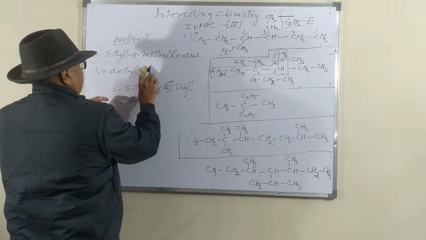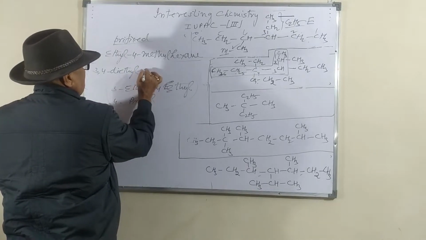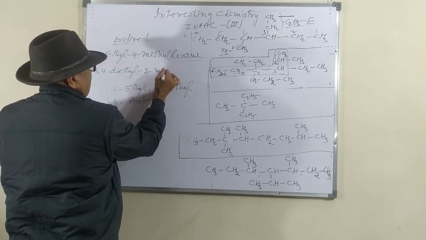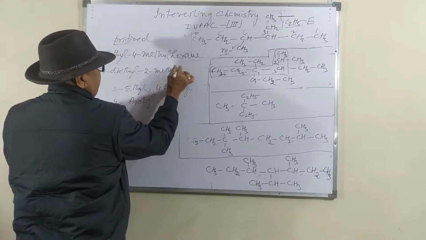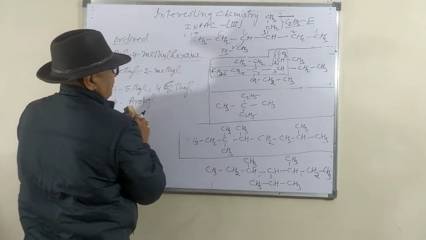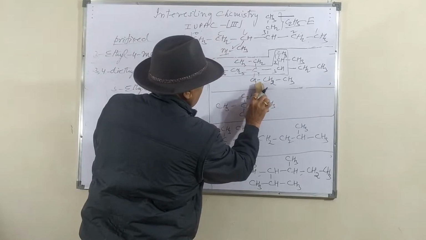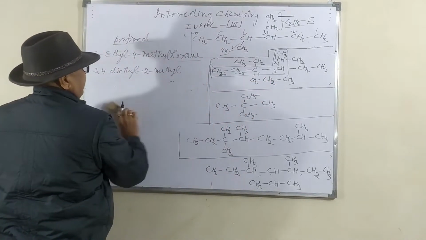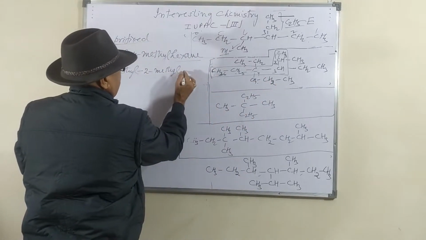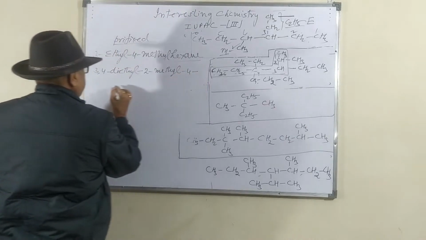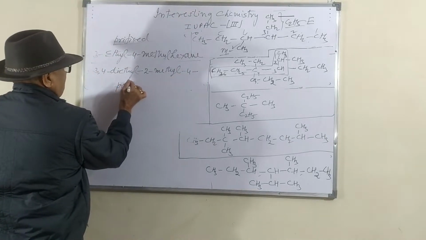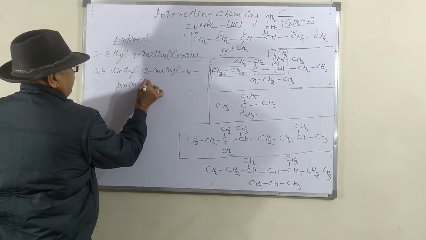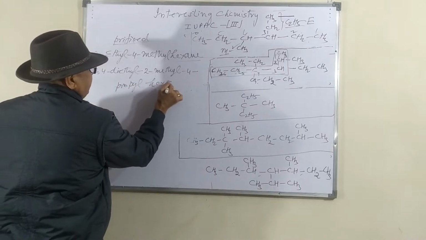Again the 2-methyl. The name here you will write: 2-methyl and 4-propyl, M, N, O, P, hexane.